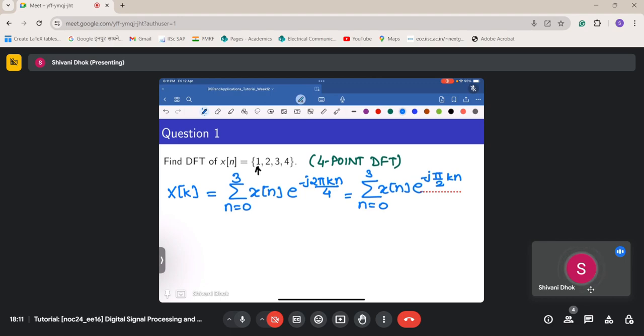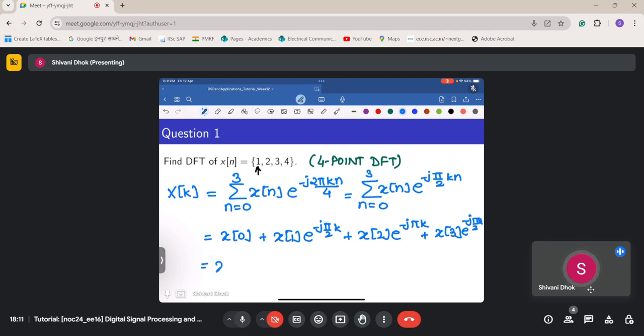Okay, I can expand this and write it as x of 0 plus x of 1 into e power minus j pi by 2 k plus x of 2 into e power minus j pi k plus x of 3 into e power minus j pi by 2 into 3k.